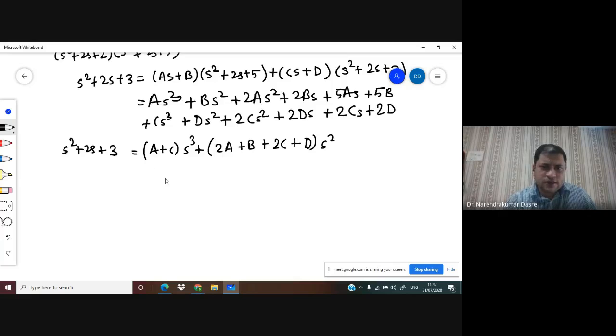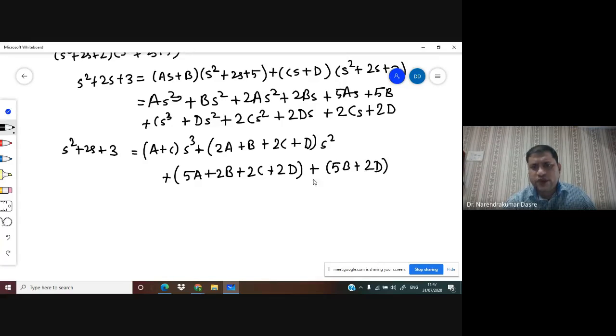Now for s we have 5a plus 2b plus 2c plus 2d, and the constant terms are 5b plus 2d. So we have collected s cube, s square, s, and the constant terms.